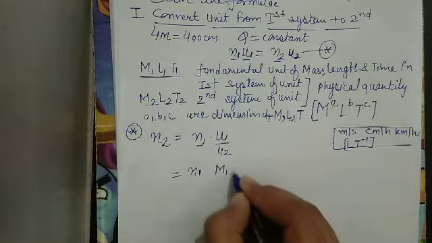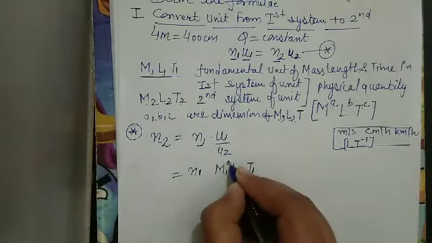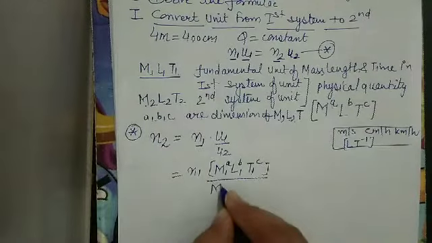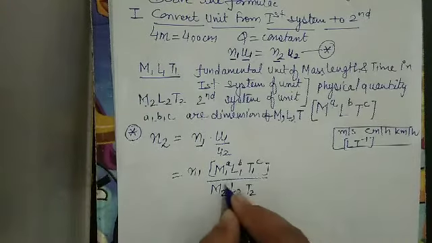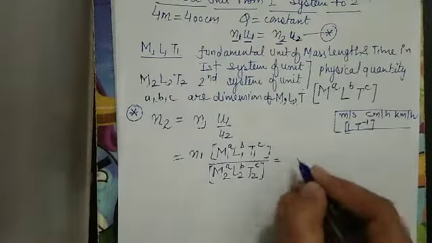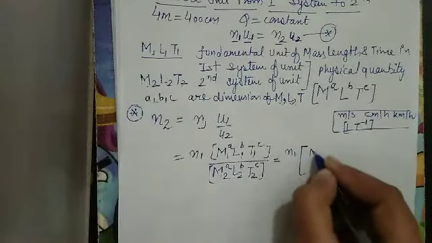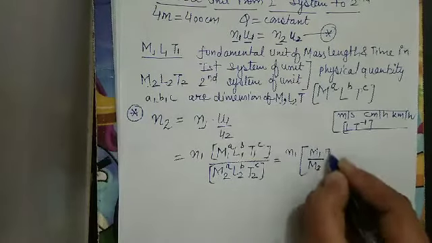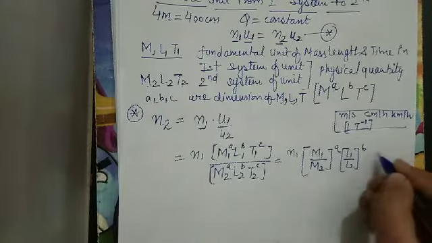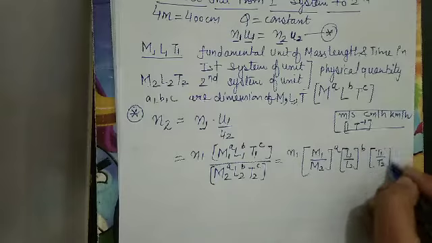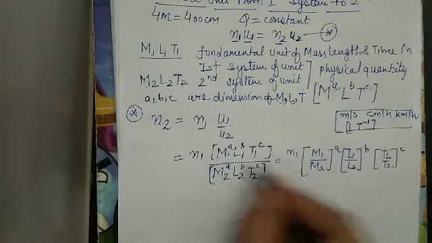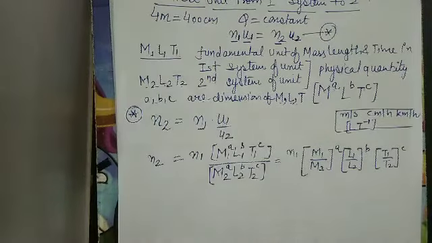So first will be M1, L1, T1 with dimensions A, B, C. Now the second one, M2, L2, T2 with dimensions A, B, C. Combining these, we get the result N1 into M1 by M2 whole power A, L1 by L2 whole power B, T1 by T2 whole power C. So we can write the formula in this way, where N2 equals this one.